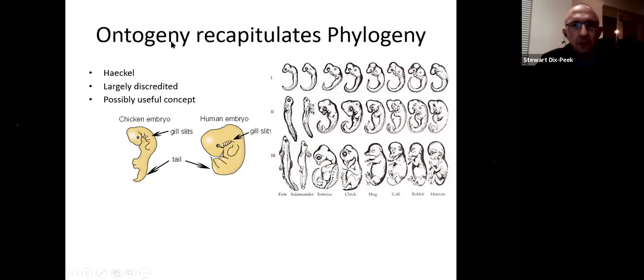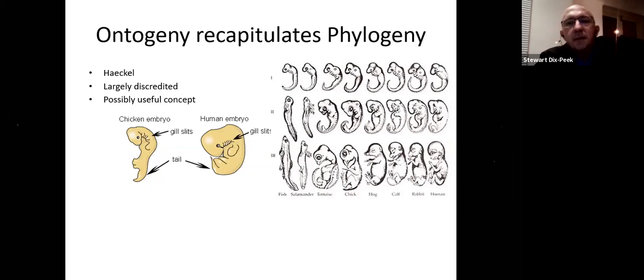The first concept, which is now discredited, but some time ago there was a concept that ontogeny recapitulates phylogeny. In other words, your development mimics almost an evolutionary process.